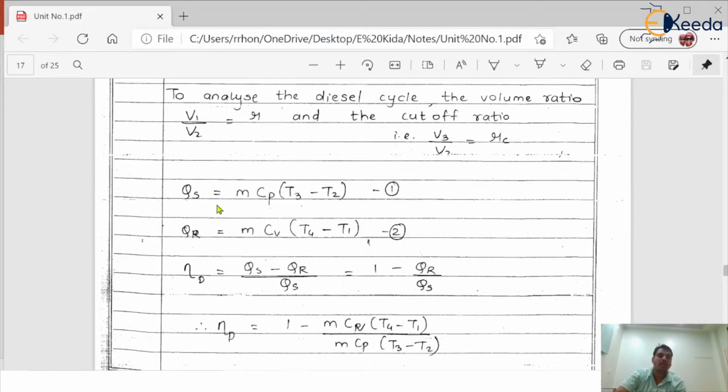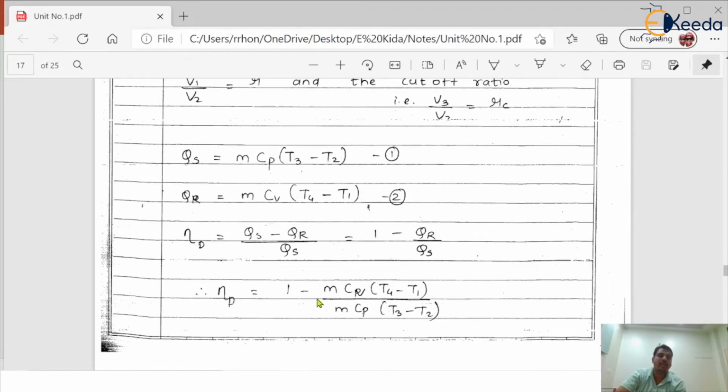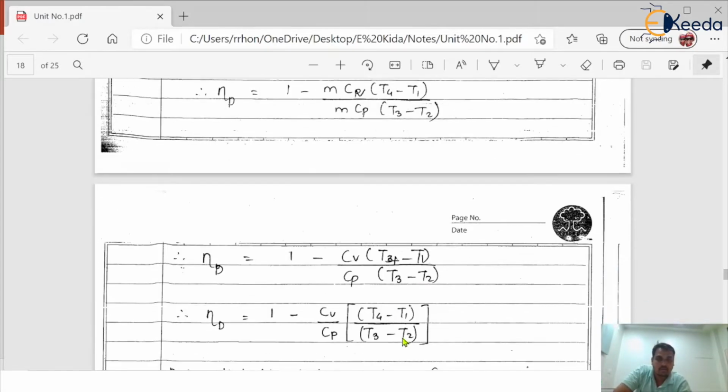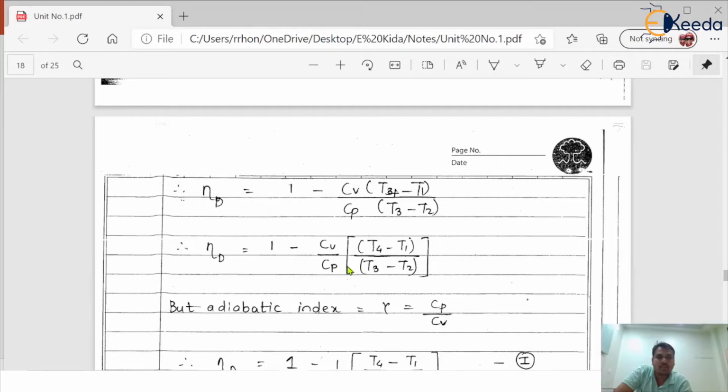Put the values of Q_R and Q_S in this equation, and the same terms get cancelled, the mass and mass cancel. The remaining term is 1 minus Cv by Cp into (T4 minus T1) divided by (T3 minus T2). Further simplification, we can write the equation like this.